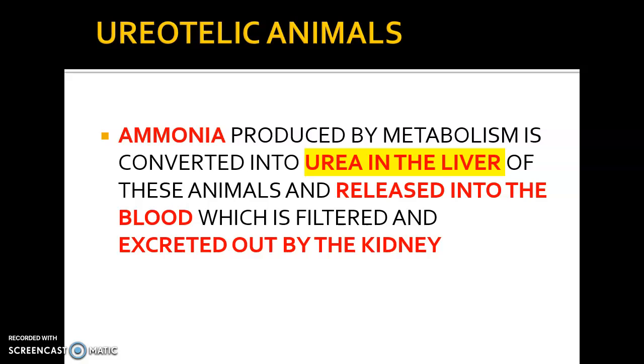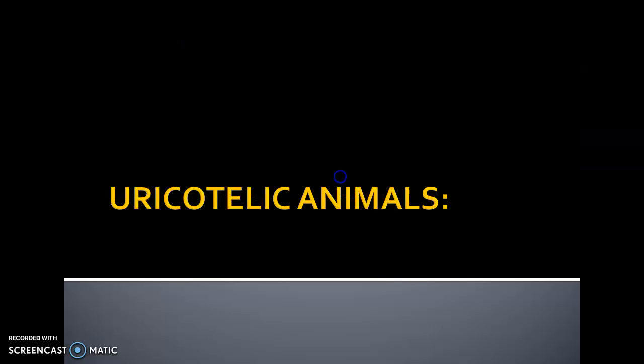So hope you could understand the mechanism that ureotelic animals have adopted for conserving water, because as we know, in comparison to ammonia, urea needs less amount of water for its removal.